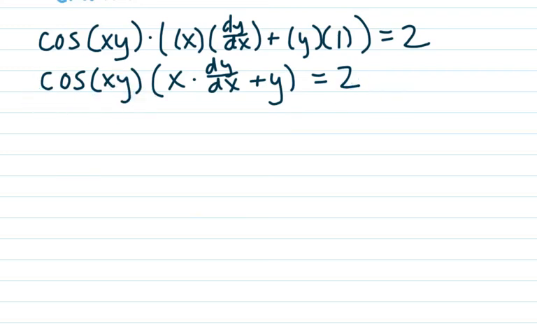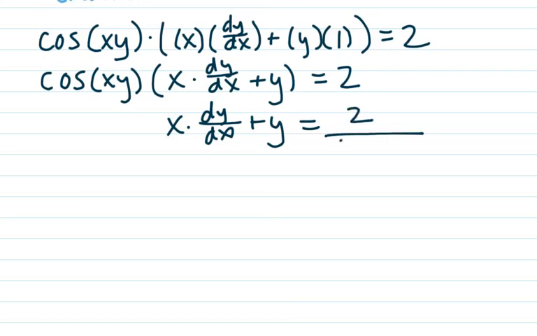Like, just move that term over there. Don't bother distributing it out when we're just going to have to kind of undo that anyways. So I'm going to divide on both sides by cosine xy, which leaves me with x times dy dx plus y on the left. And now I get 2 over cosine of xy on the right.